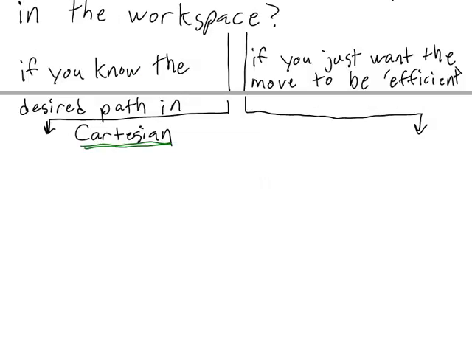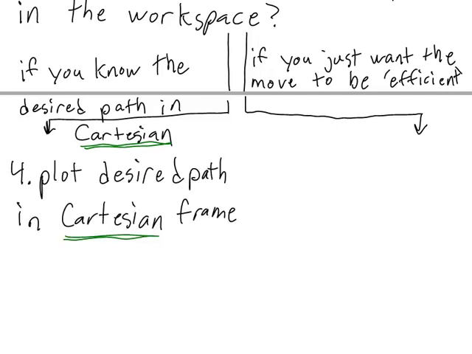In this case, our step 4 will be to plot the motion in Cartesian coordinates. In other words, we know the desired path in the Cartesian frame, and so we go ahead and plot the desired path in that Cartesian frame. Next, we're going to take that path that we've plotted and we're going to break it up into little pieces.